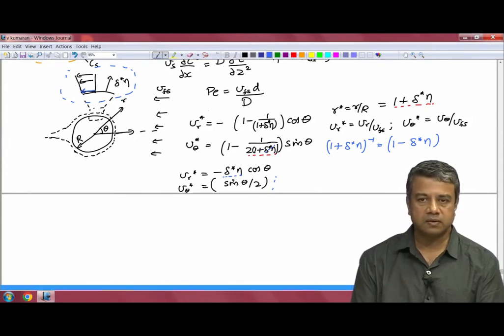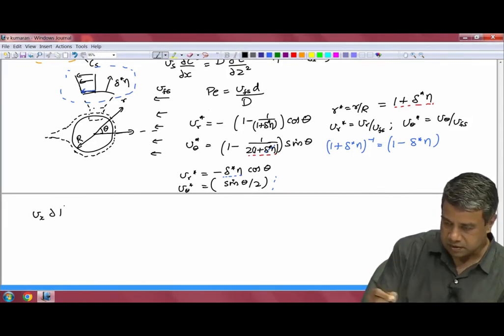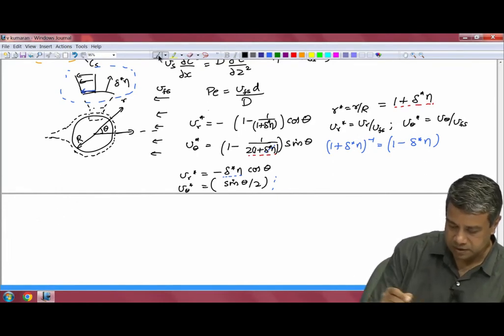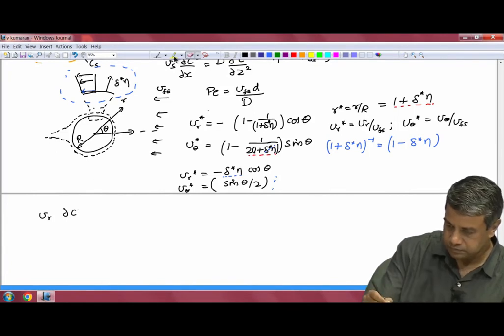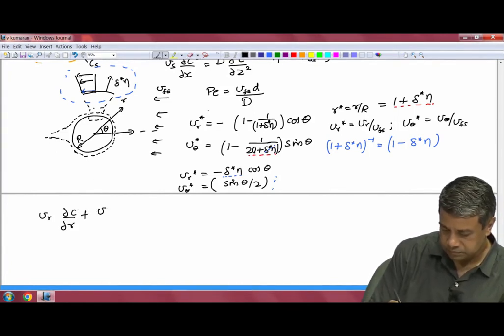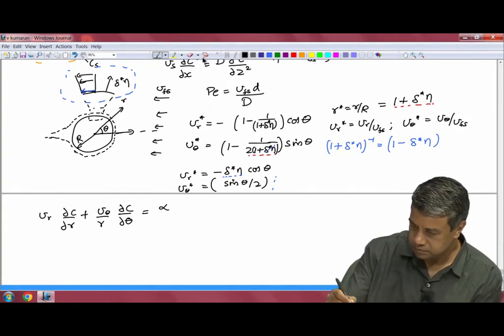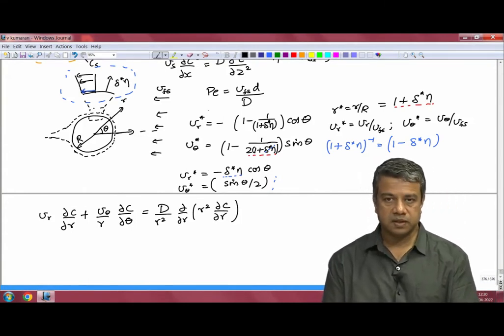So, these have to be substituted into the conservation equation. Conservation equation Vx partial c, I'm sorry, I should use it for the radial coordinate system, Vr star partial, including only cross stream diffusion and neglecting streamwise diffusion.